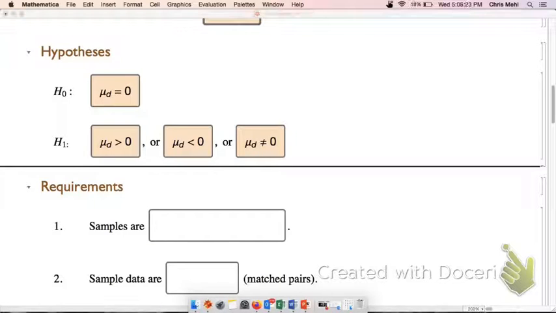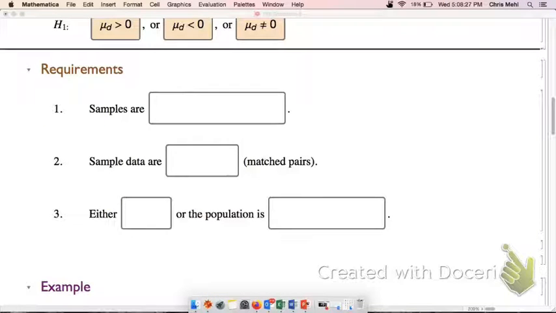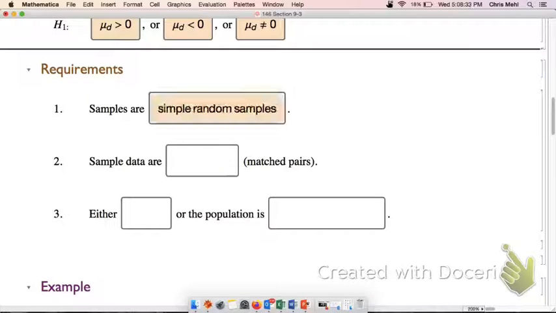As with any hypothesis test, there are technically requirements that must be met to ensure the validity of the test, and this has never changed. Whenever we collect samples, the samples need to be simple random samples. The sample data are dependent, or matched pairs.